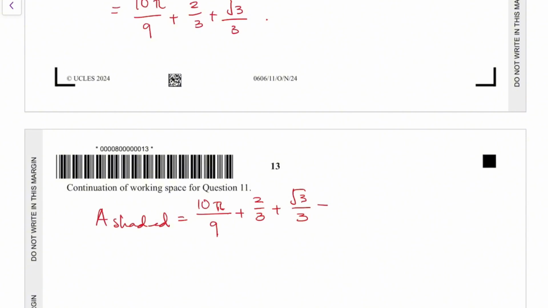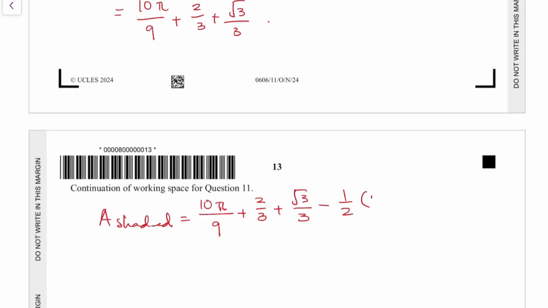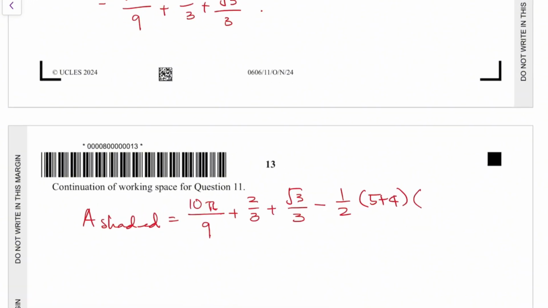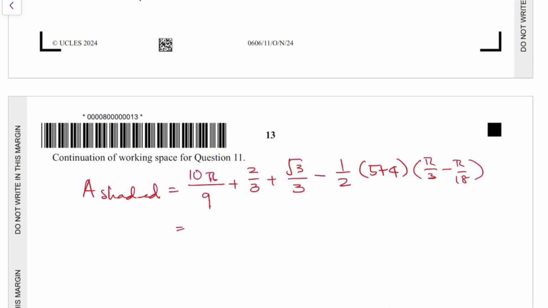You remember the formula for the area of a trapezium, which is half times the sum of the parallel sides, which are 5 and 4, times the width, which in our situation is pi over 3 minus pi over 18. Calculating that, you should have 2 over 3 plus 3 over 3 minus 5 pi over 36.